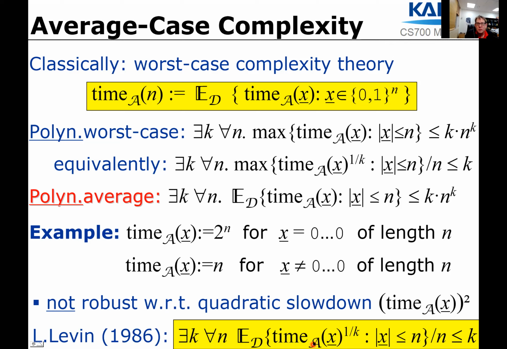Levin proposed. So to summarize, the naive definition for average case polynomial cost is not robust, but it is not hard to see that this one is robust under polynomial reduction, and this is the definition used since then to define polynomial average case complexity and classes.